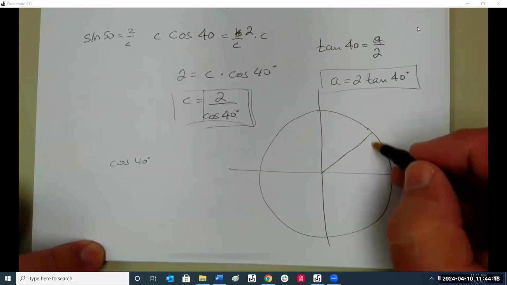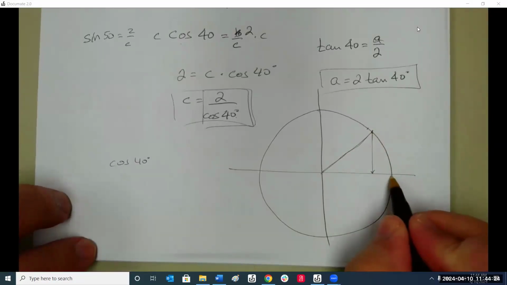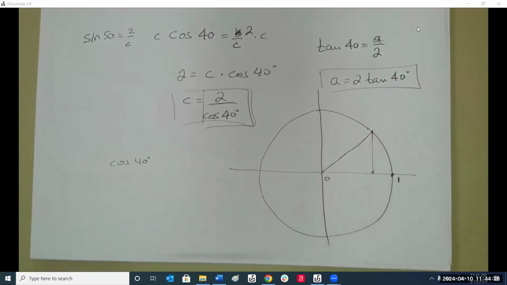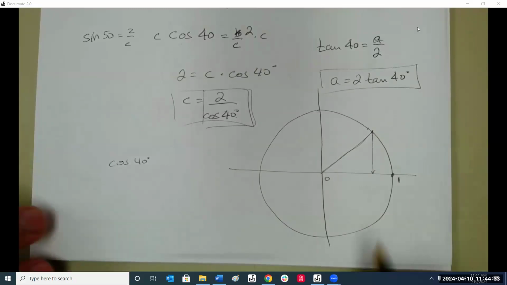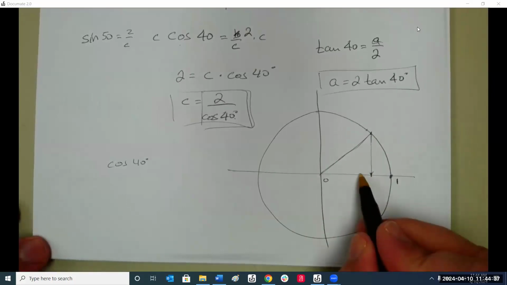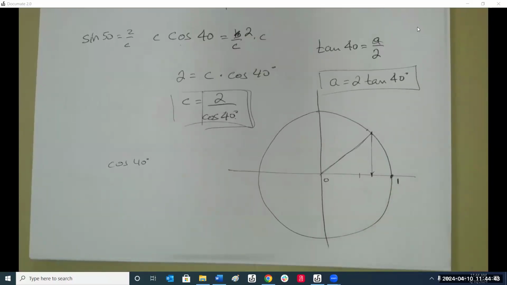Cosine deals with the x-axis. So if we go from this point where it touches the circle straight down, remember, it stops at 1, starts at 0. What number do you think is approximately there? So here's 5, 6, 7, 8. So we're at 0.7.